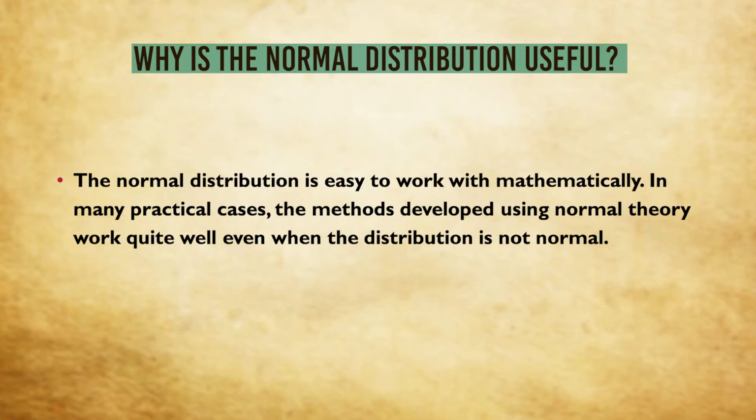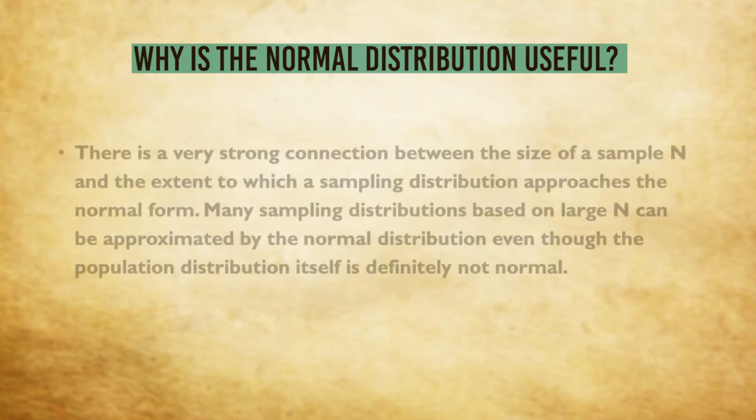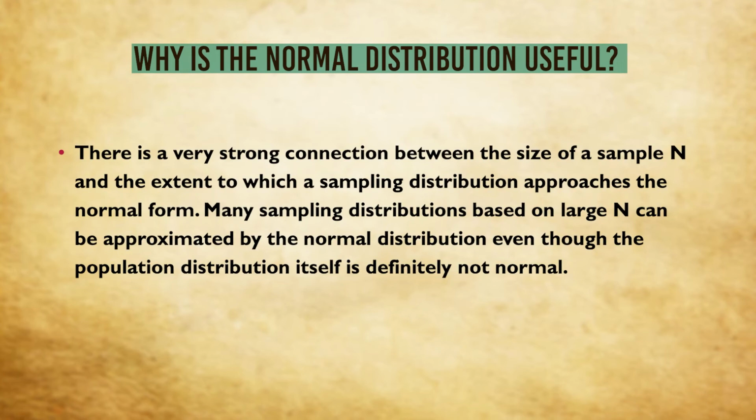That is, it lends itself to various mathematical properties, so the computation becomes very easy. Also, there is a very strong connection between the sample size and the normal distribution. As we go on increasing the sample size, we can find that many sample characteristics will follow a normal distribution. So this is why normal distribution is so useful in statistical analysis.